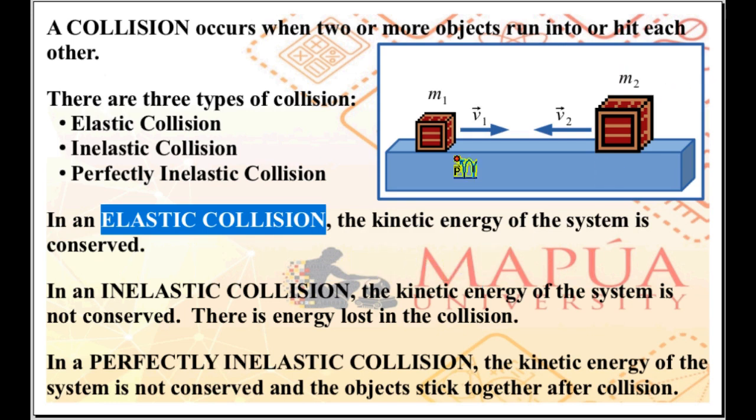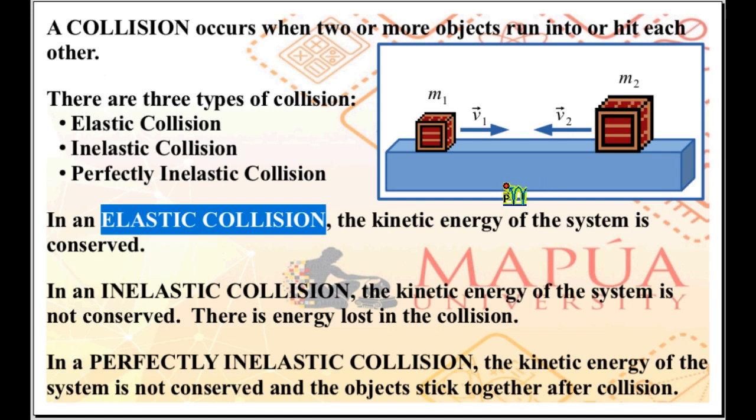In terms of the collision, kinetic energy before the collision, you have initial kinetic energy. And then right after the collision, you have final kinetic energy. So, initial kinetic energy of M1 plus initial kinetic energy of M2, that's the total initial kinetic energy before the collision.